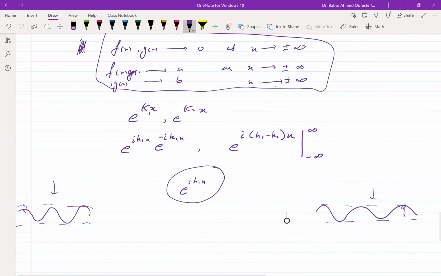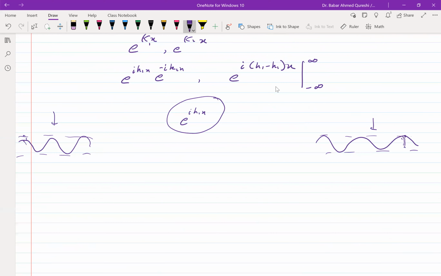What do I want from this operator to be Hermitian? For it to have real eigenvalues and its eigenvectors to form a basis, which does happen if I retain these. So for all practical purposes, it becomes a Hermitian operator, even if I retain these guys.